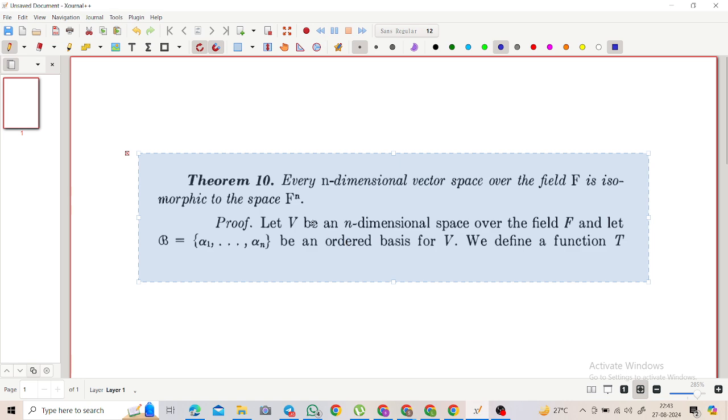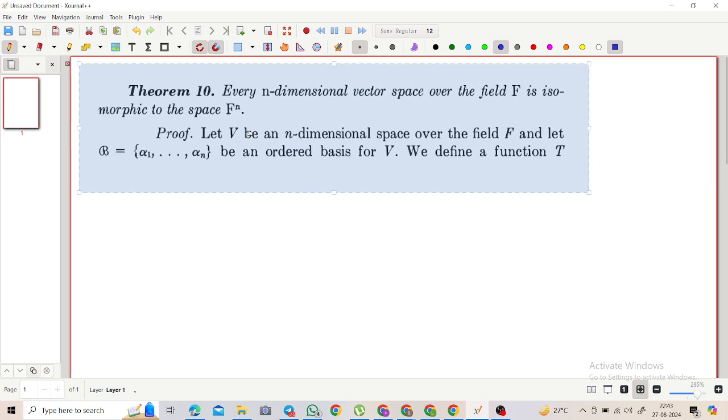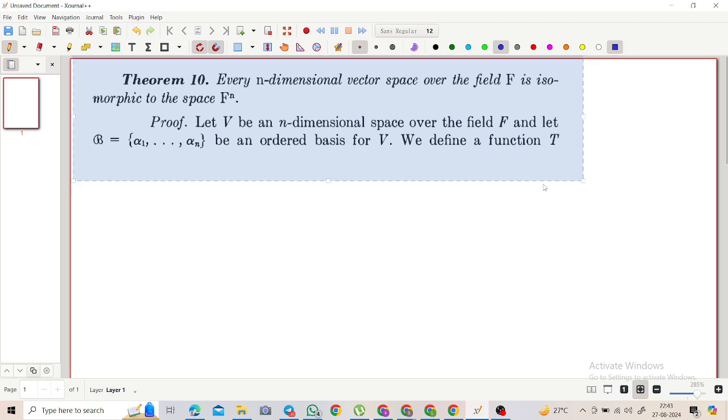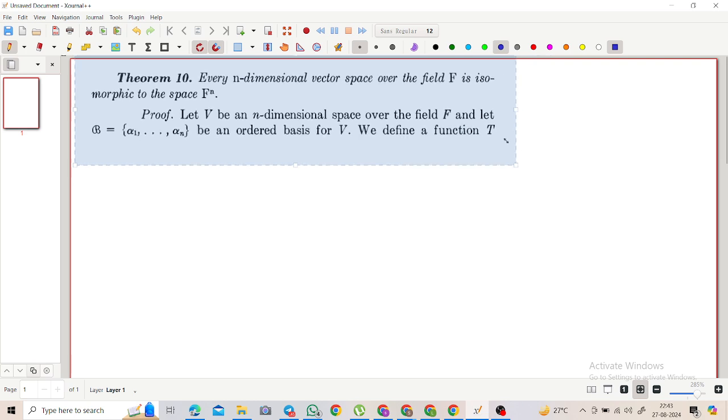So they have given a basis of V, and what is the natural basis of F to the power n? What is the natural basis of F to the power n?